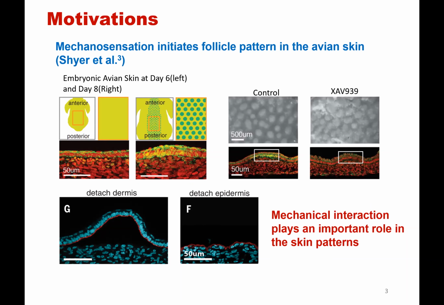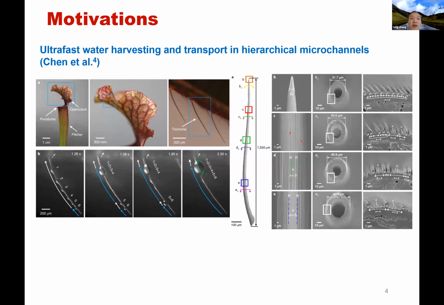This is one example, and I want to share another example that people found in plants. When you have this hierarchical channel, on the right figure, you can significantly increase the water transport speed.